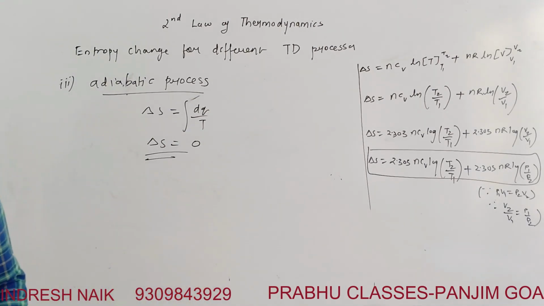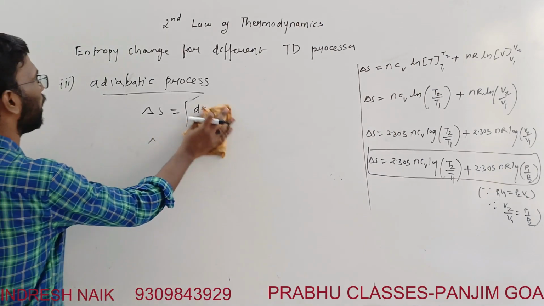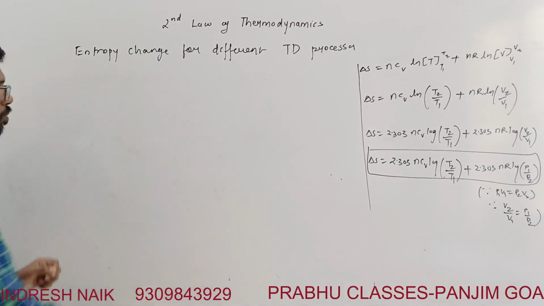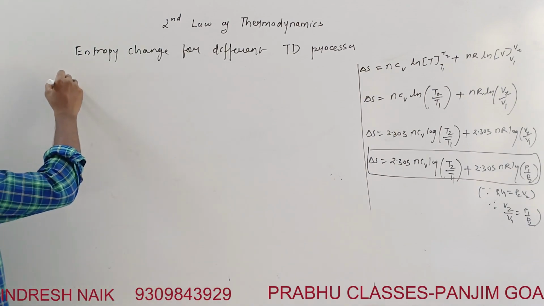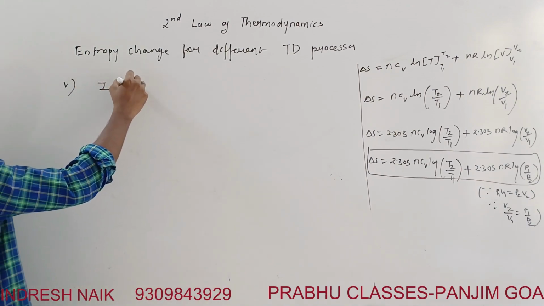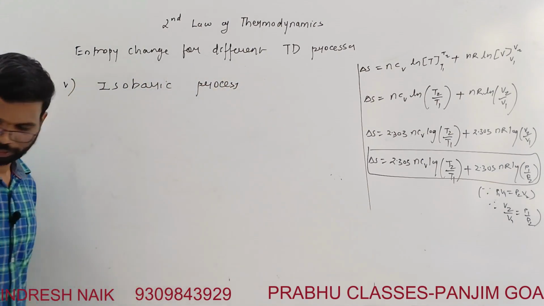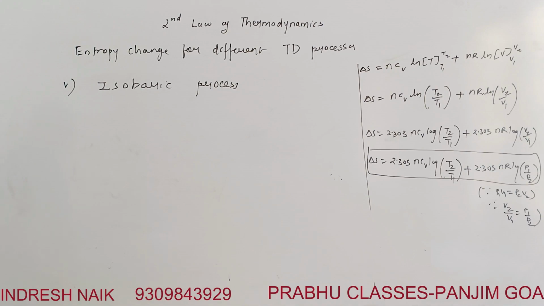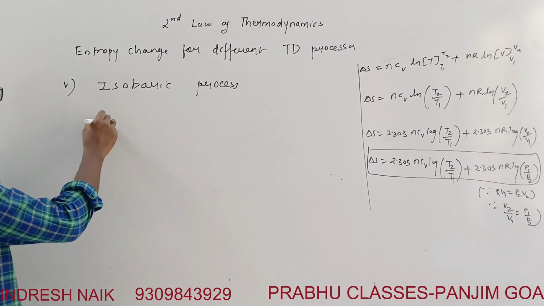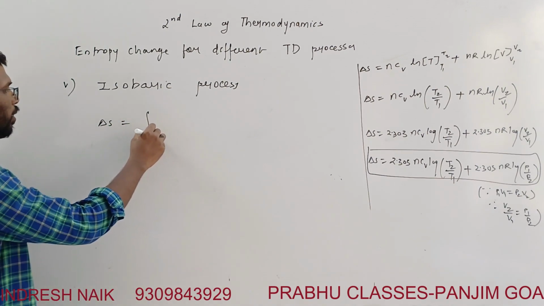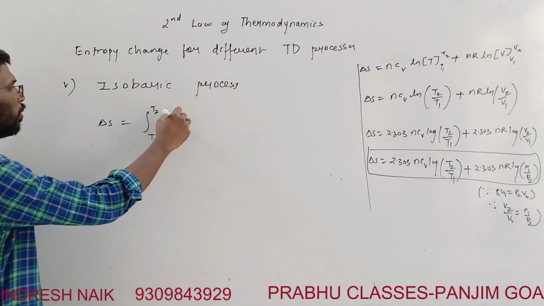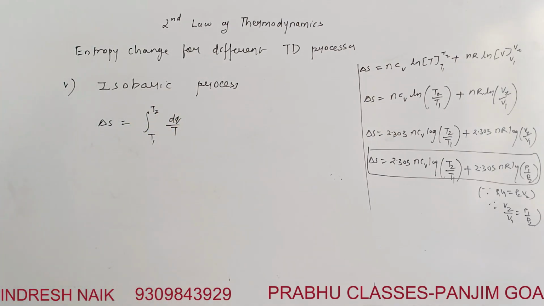Now the isobaric process. What will happen for an isobaric process? Fifth is the isobaric process. Delta S is equal to the integral from T1 to T2 of dq by T, right?